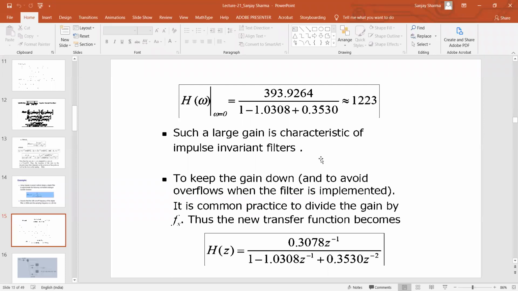So you divide the gain by Fs, you will be able to achieve a transfer function which is quite a nice one, which is not giving you any overflows in the system. All right. So this is another problem to be handled in the impulse invariant method, but this is not the important problem at present.